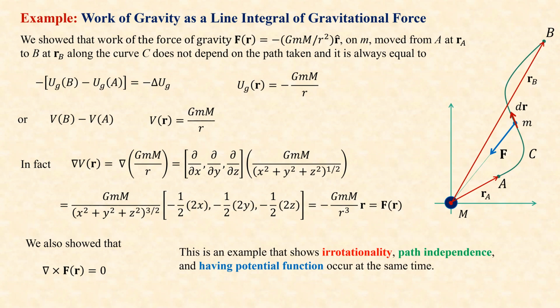In fact, this shows that this is the potential function. The gradient of this potential function is just this function F, and also the curl is 0, and we know that this is path independent; we showed that. These are all happening at the same time. That's just a good example. Any questions?